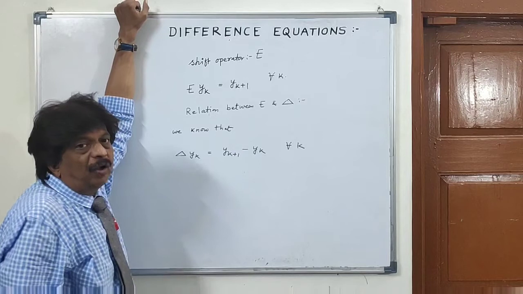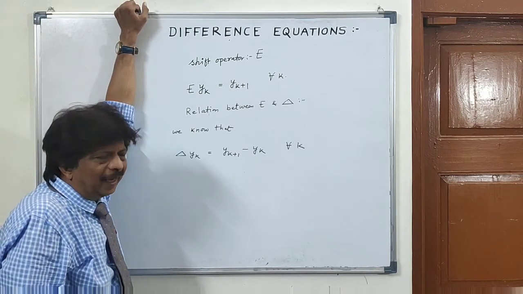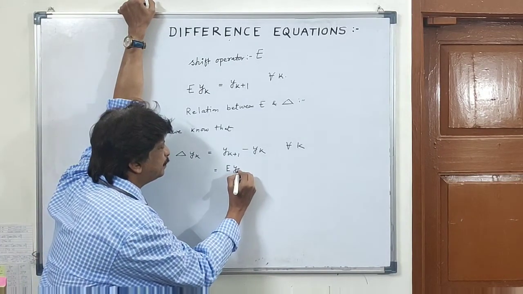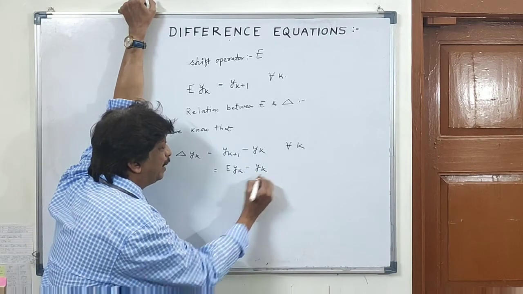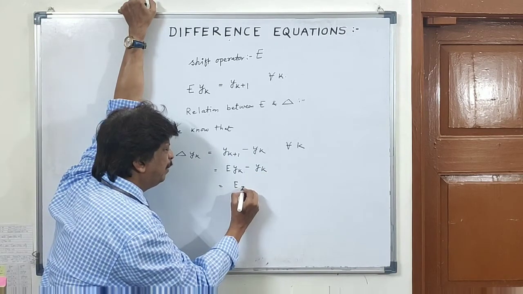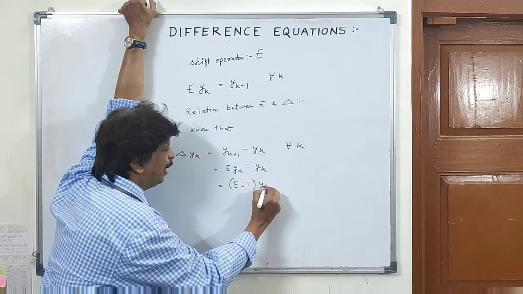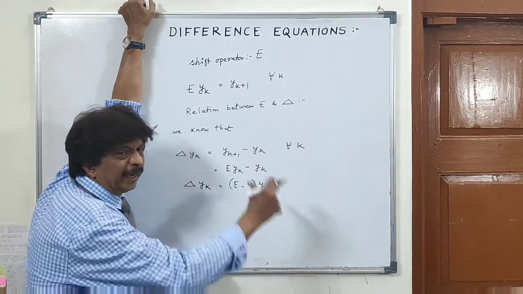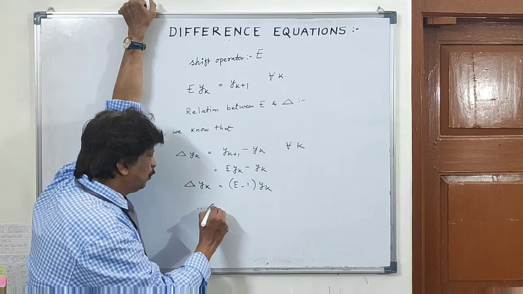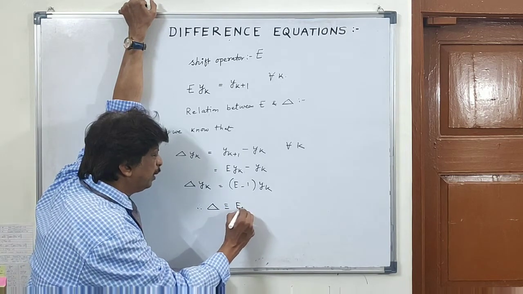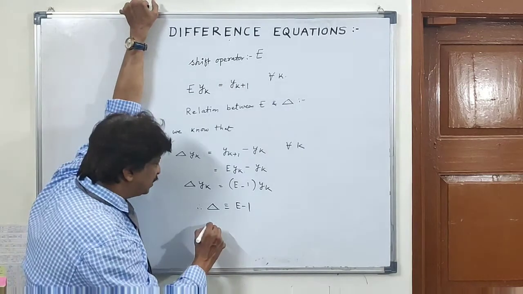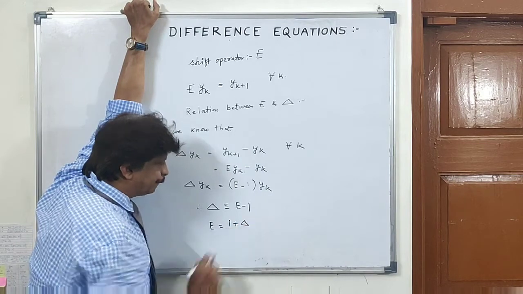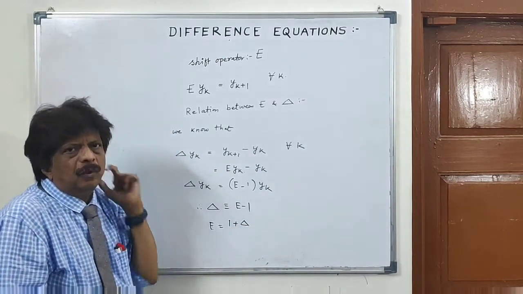But yk plus 1 is E of yk. So it is equal to E minus 1 times yk. So forward delta of yk is E minus 1 of yk. Therefore, delta is equal to E minus 1, or E is equal to 1 plus delta.